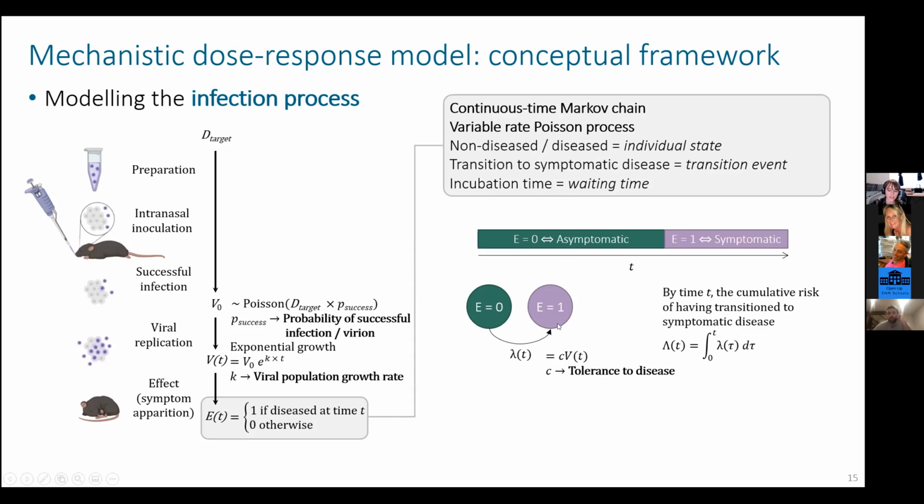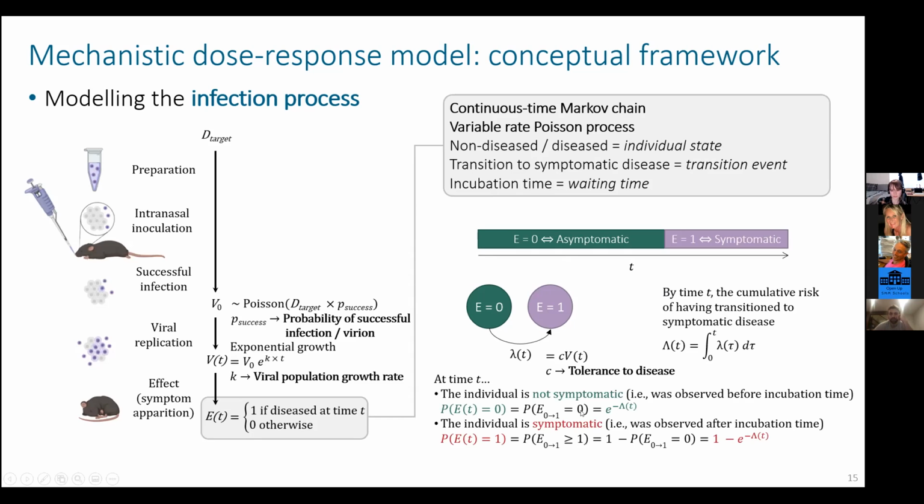Then at each time where you observe an individual, if you observe that it was sick, you have to consider all the opportunities the individual had to get sick between the infection and the observation time. So we will actually integrate lambda, our function here, over time.